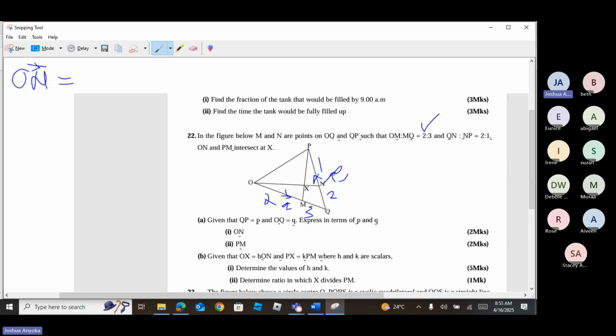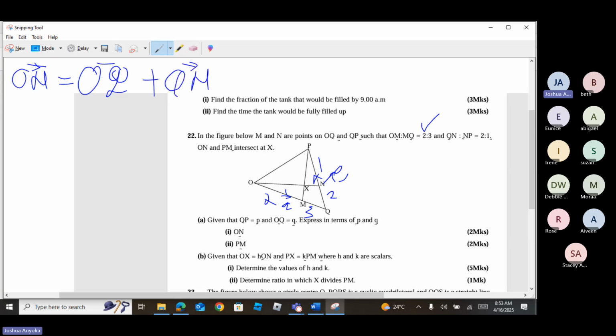Of course, if you move against the direction, indicate a negative. So ON, we move from O to Q. I think the easiest route is OQ plus QN.